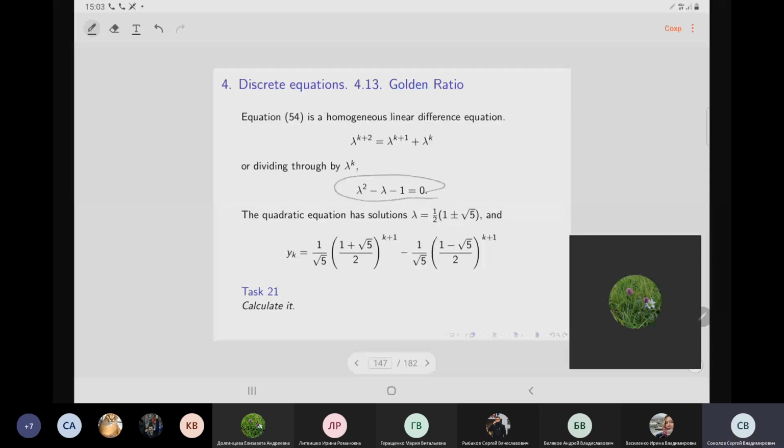This simple equation has the following solutions. And we can find their general solutions in the following form. That yk is this strange formula.